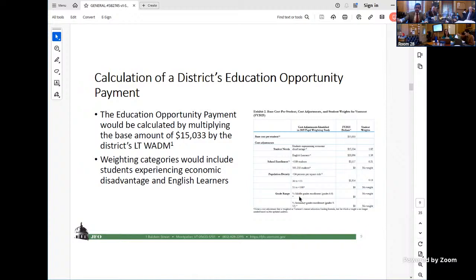So we're not able to know how many EL students fit into the different categories. So we're working with the AOE to get the non-suppressed data so that we can do that analysis. But for right now, we are using the flat EL weight, so we can do the analysis with the data that has been shared with us.